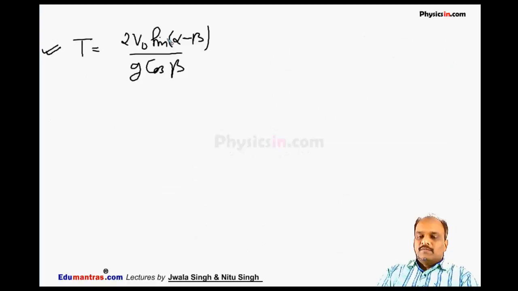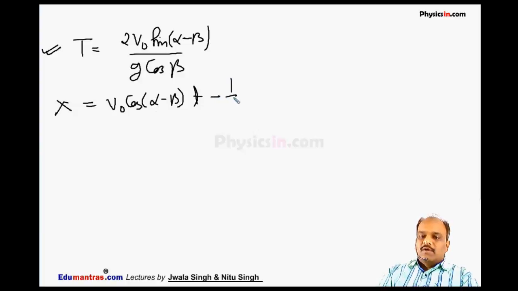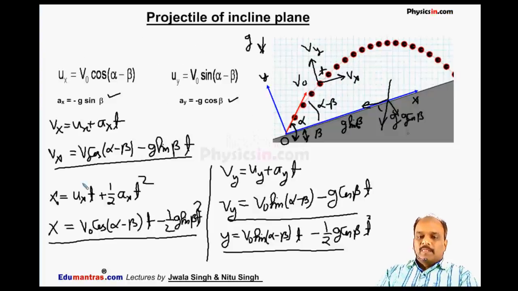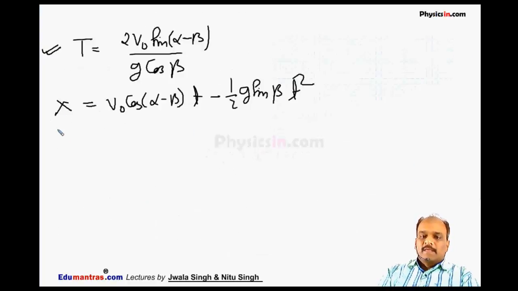If I substitute the value of t in the expression for x, x is equal to v0 cos alpha minus beta into t minus half g sin beta into t square. If I substitute this t in this expression, I will get the maximum x on the inclined plane.